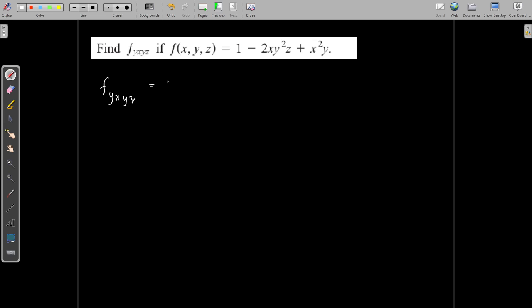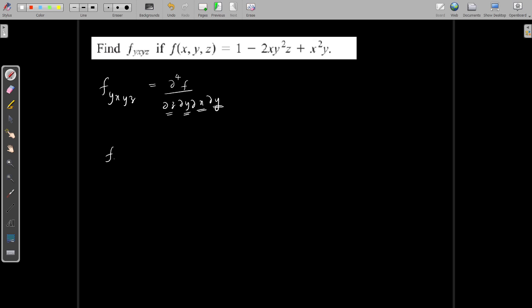So this is denoted by d4f by dz dy dx dy. That means first you differentiate with respect to y, then with respect to x, then with respect to y again, then with respect to z. So we need to evaluate this.